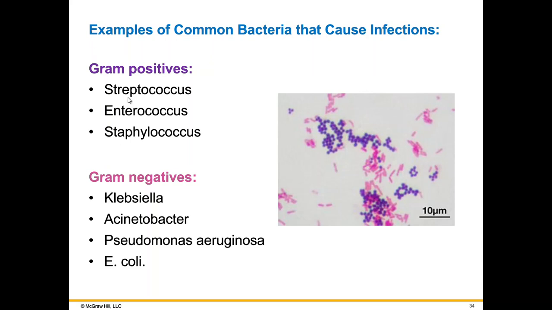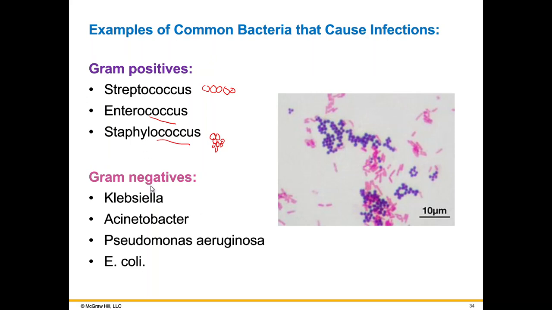A few examples of gram-positive organisms that can cause infections are Streptococcus, and those would be circular bacteria that form chains, right? Because strepto means chain, coccus means circular. Enterococcus and Staphylococcus. And we know these are all cocci, right? So they're circular. Our staph form grape-like clusters, so they would look like this.